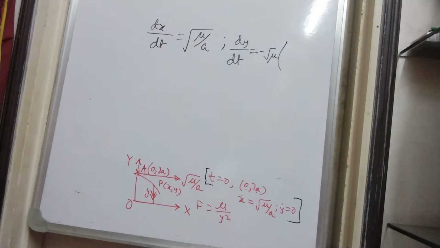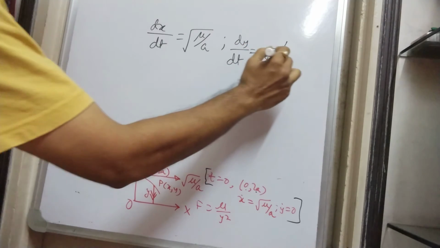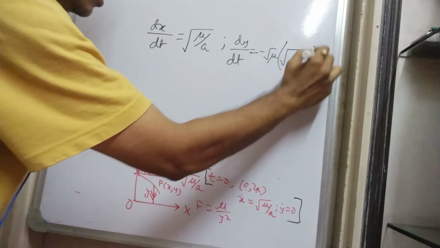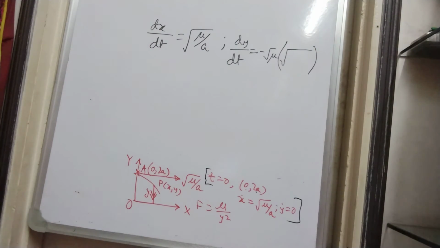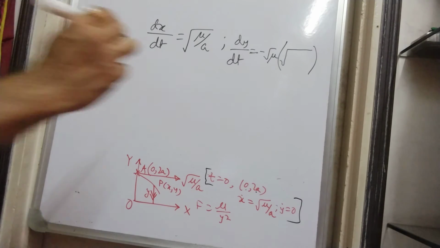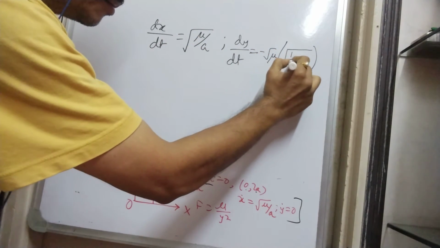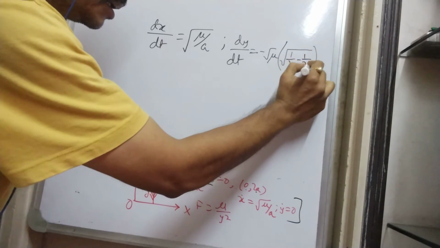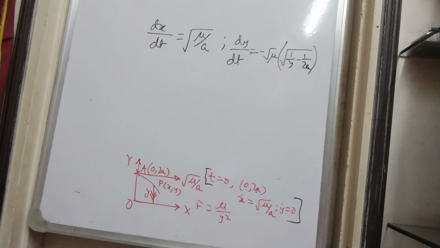and it becomes root mu into, within bracket, and this is also actually root over, which we may write as 1 by y minus 1 by 2a. I hope it was clear from the earlier calculation.